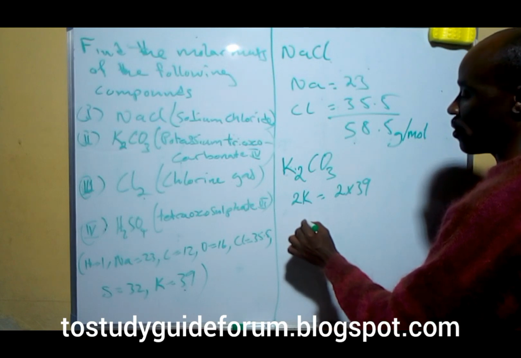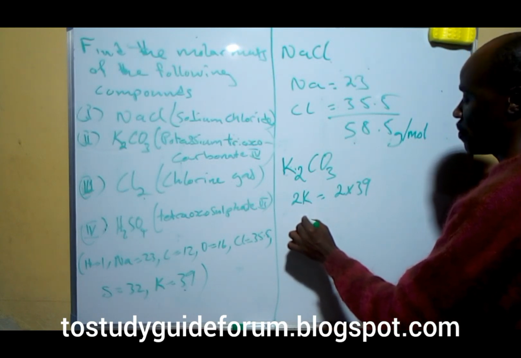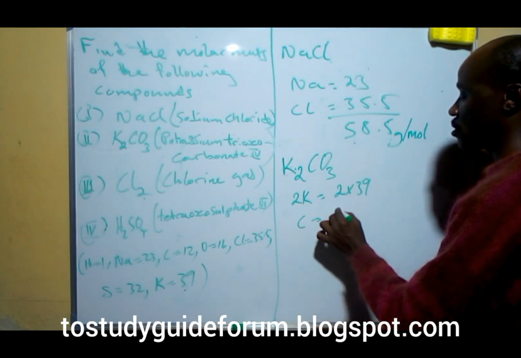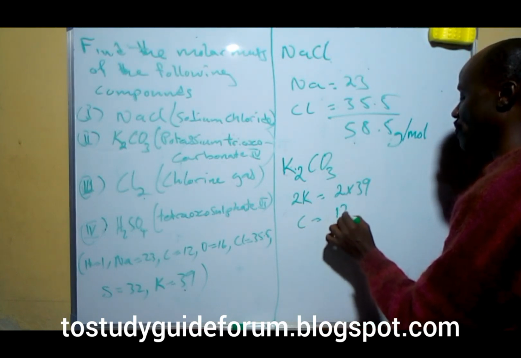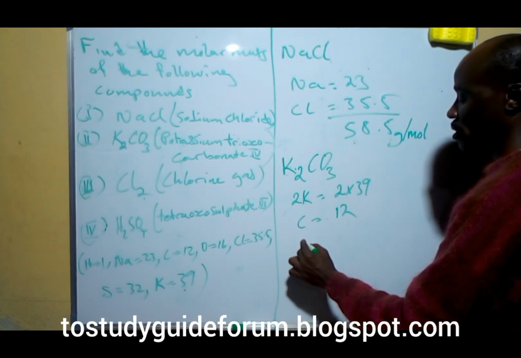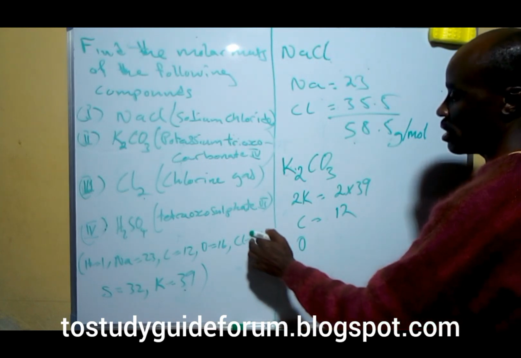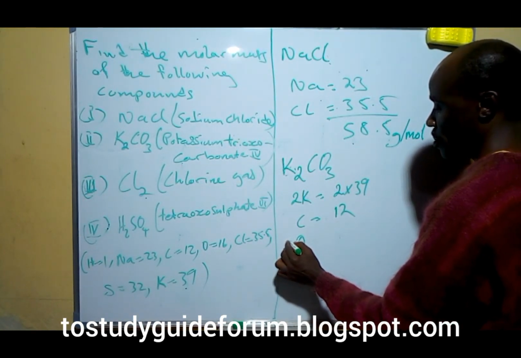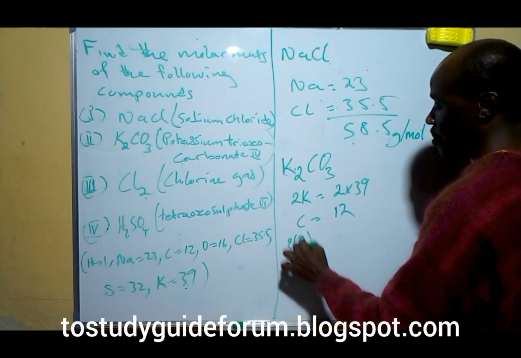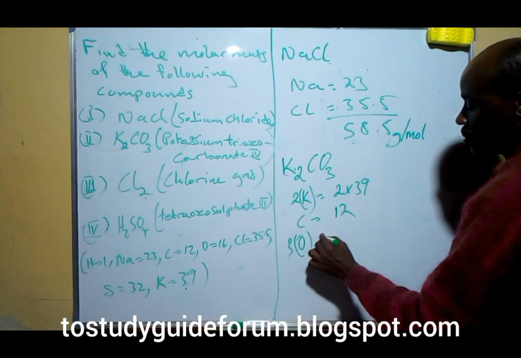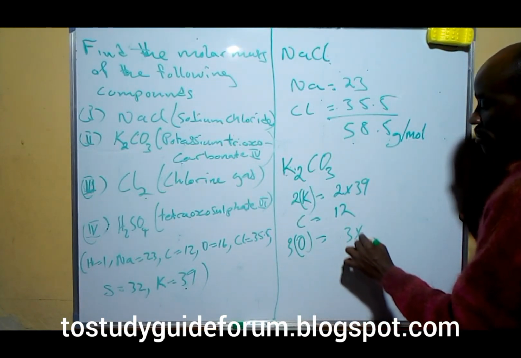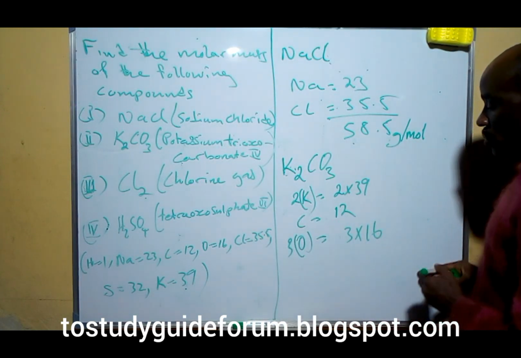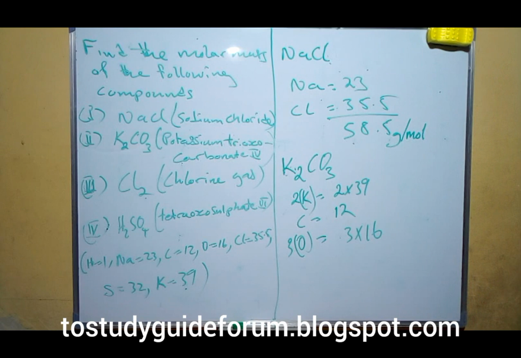And for the carbon, we know that carbon is 12. For the oxygen here, oxygen is 3, so that means 3 times 16.